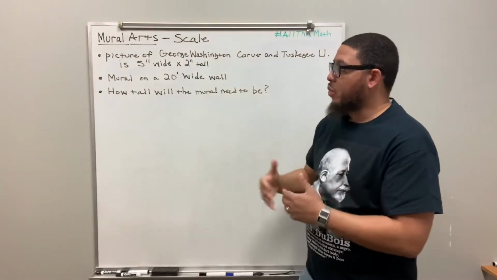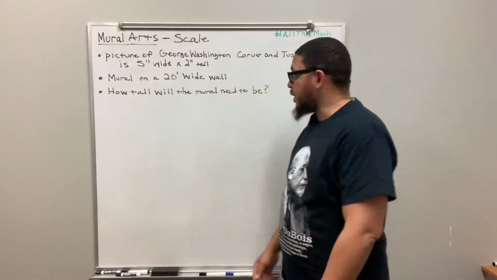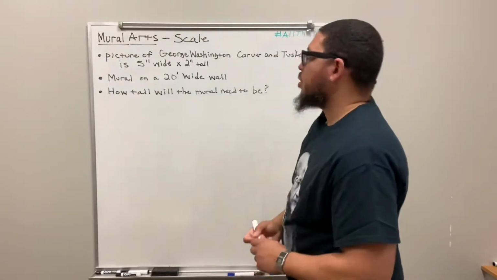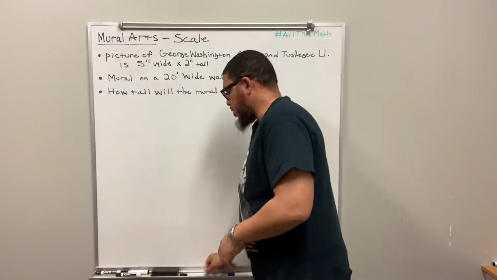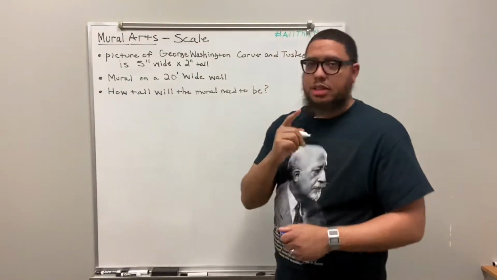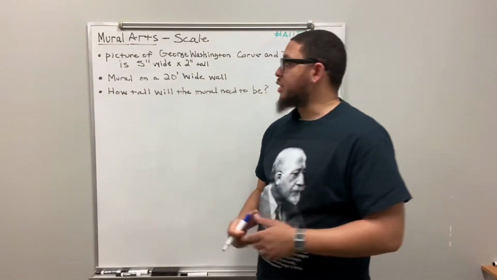All right. And now we're going to do the math to show how to answer that question. So the first thing we need to do is figure out something called our scale factor.